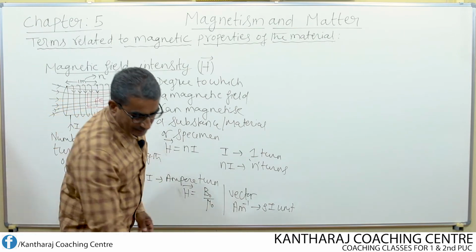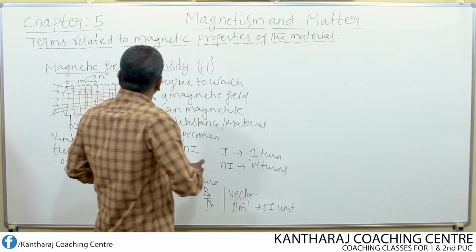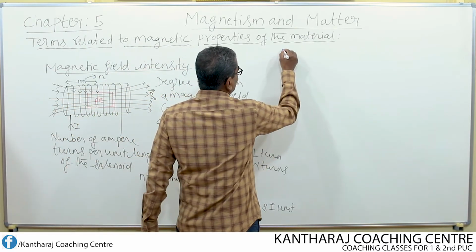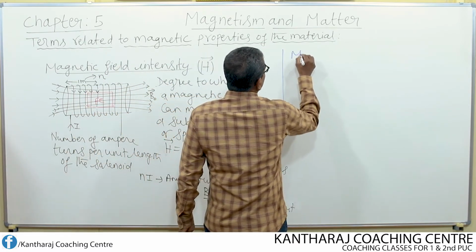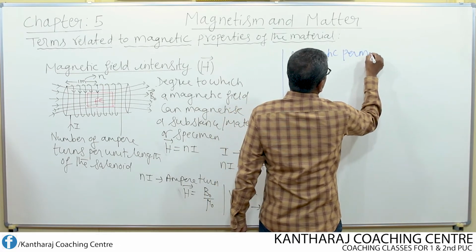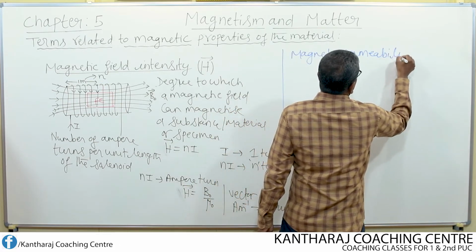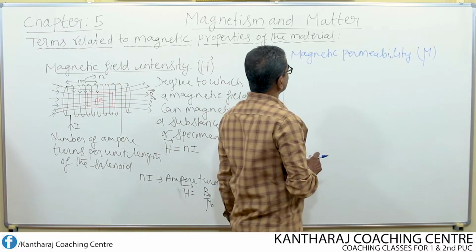Now let us consider one more term related to the magnetic property of the material. What is that? Magnetic permeability, represented by the symbol mu.